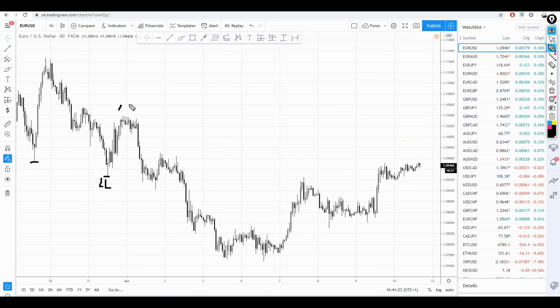We've then got our lower high, which is a high which is lower than our previous high. So this is actually our initial high. So this is our starting point. And we've created a lower high. And then we've got another lower low here, because it's lower than our previous low, and a lower high here, because the high is lower than our previous high.